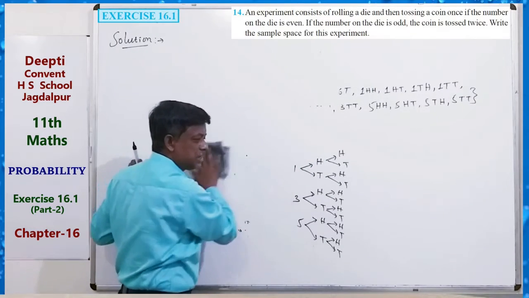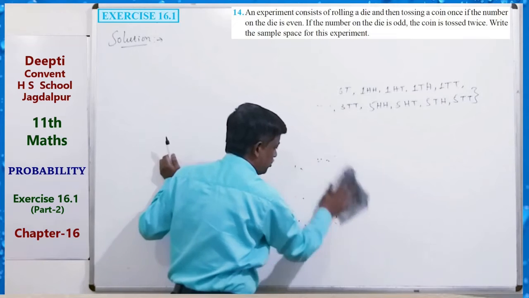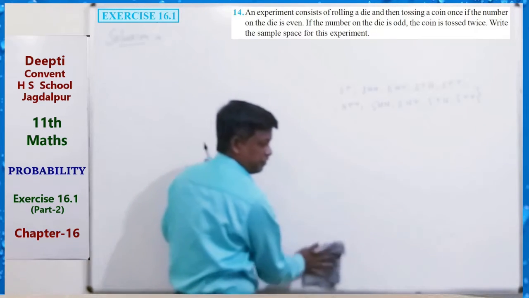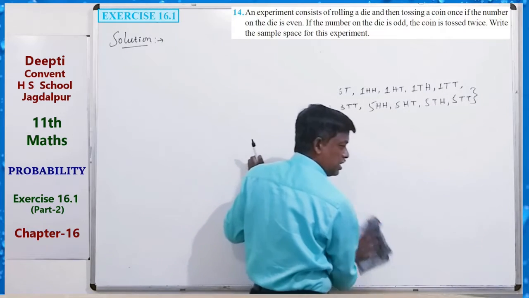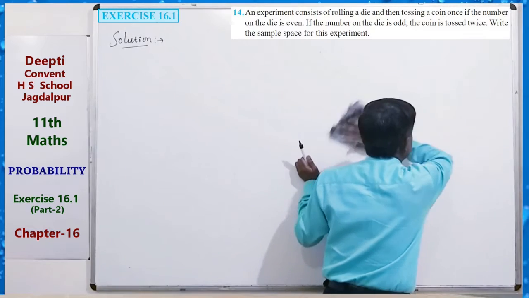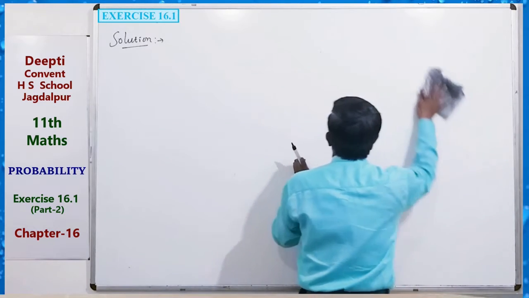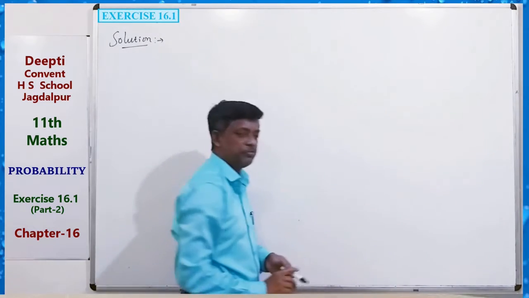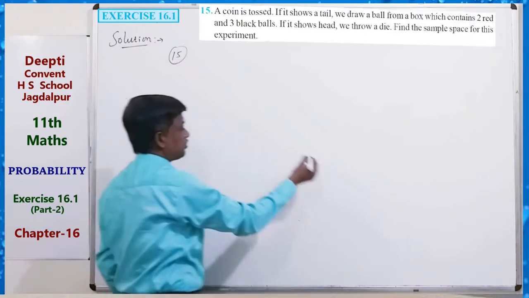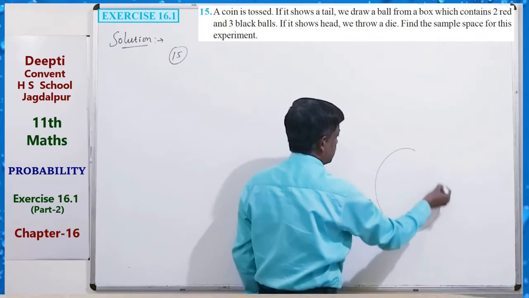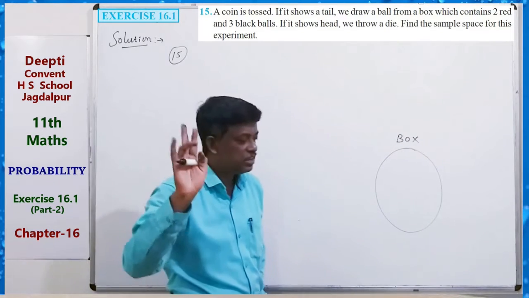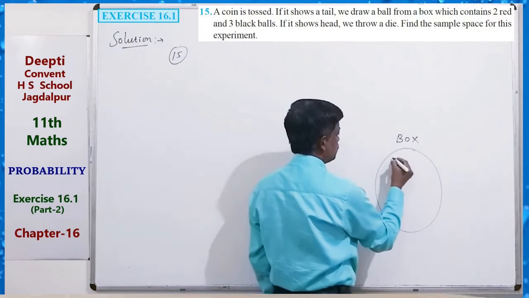If it shows a tail, we draw a ball from a box which contains 2 red and 3 black balls.